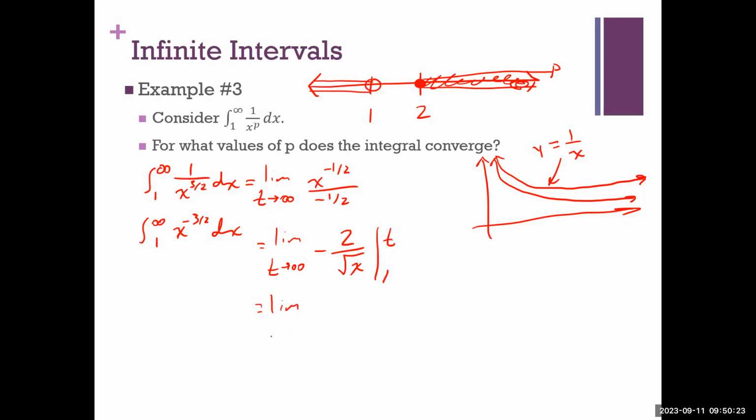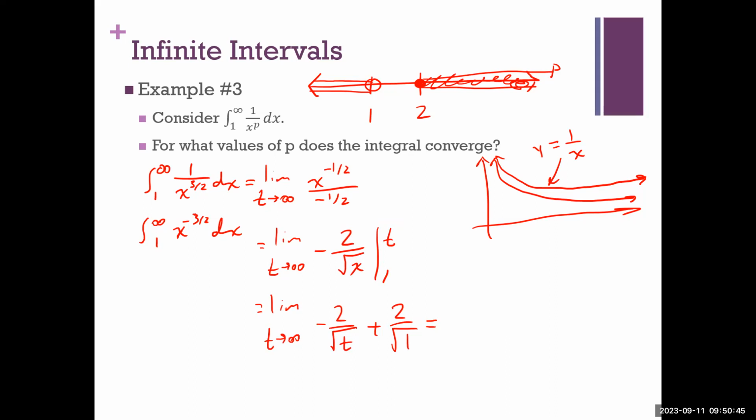So if we look at this limit, after we plug in the limits, we get -2 over radical t minus -2 over radical 1. So 2 over radical 1 will just become 2.